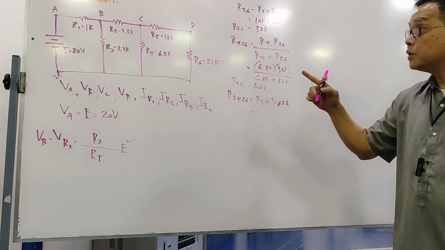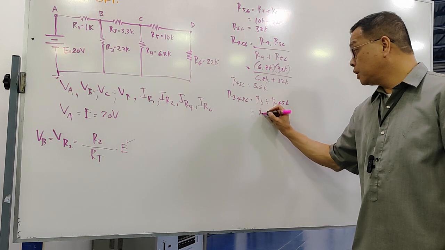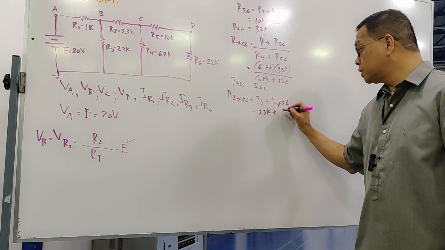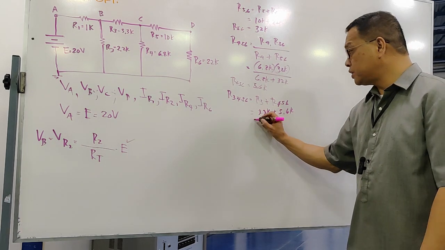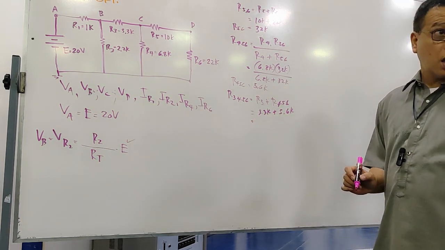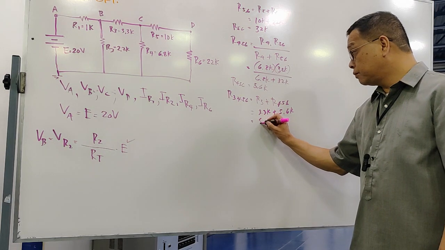R3 is 3.3 kilo plus 5.6 kilo. How much? 8.9.